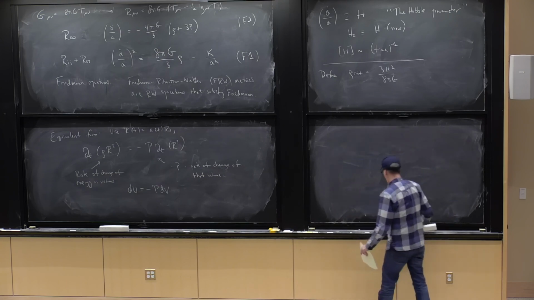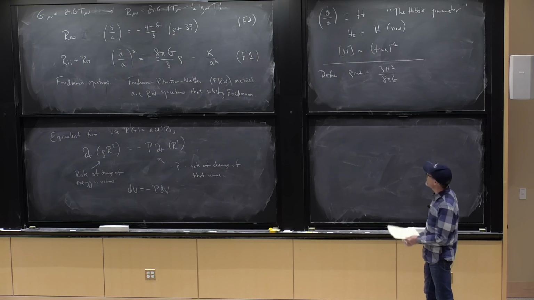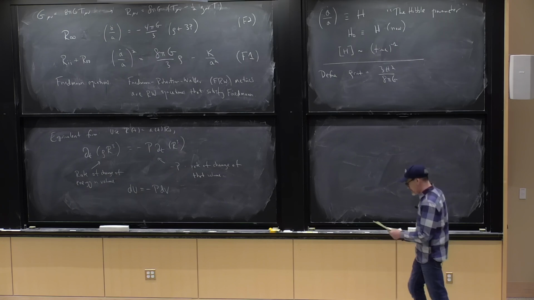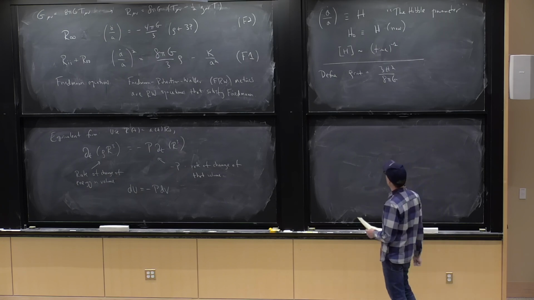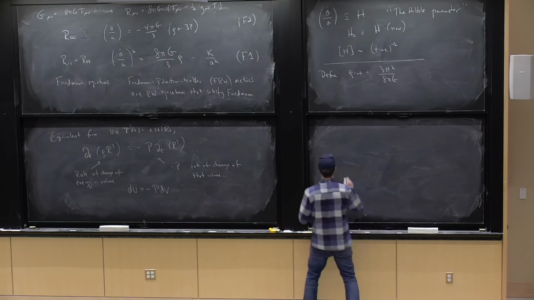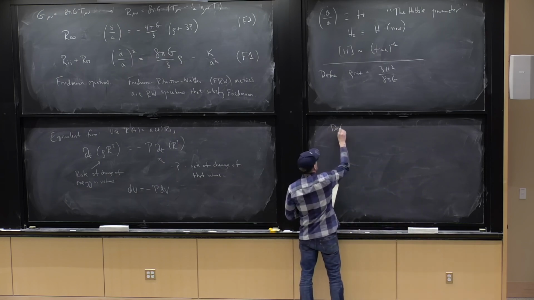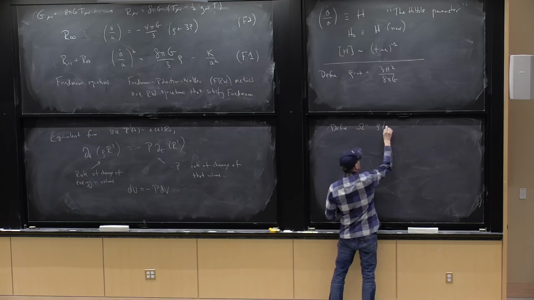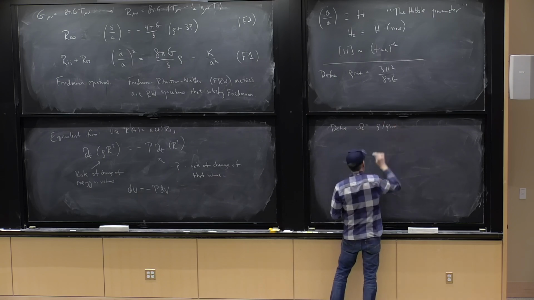Notice rho crit is a parameter that you can measure. You can measure the Hubble parameter. I'll describe to you how that is done in my next lecture, but it's a number that can be measured. And then 3 and 8 pi are just exact numbers. G is a fundamental constant. So that's something that can be measured. Let's define omega to be any density divided by rho crit.